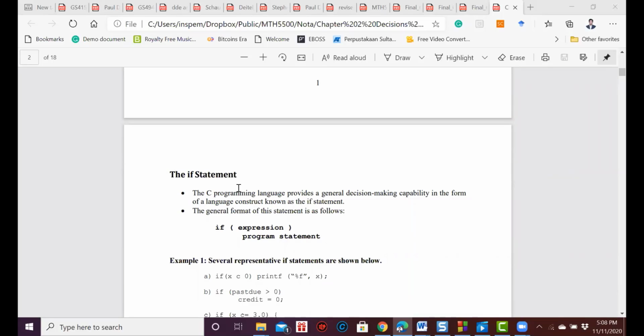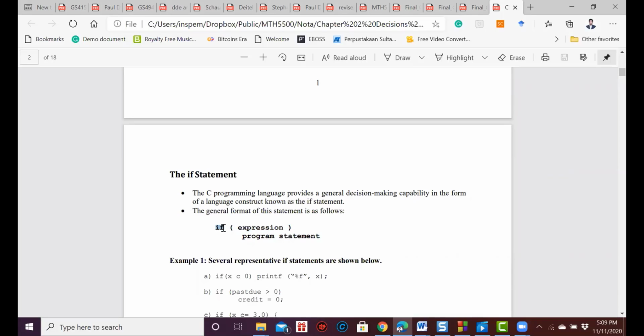The C programming language provides general decision-making capability in the form of the if statement. Look here, this is the syntax for the if selection statement.